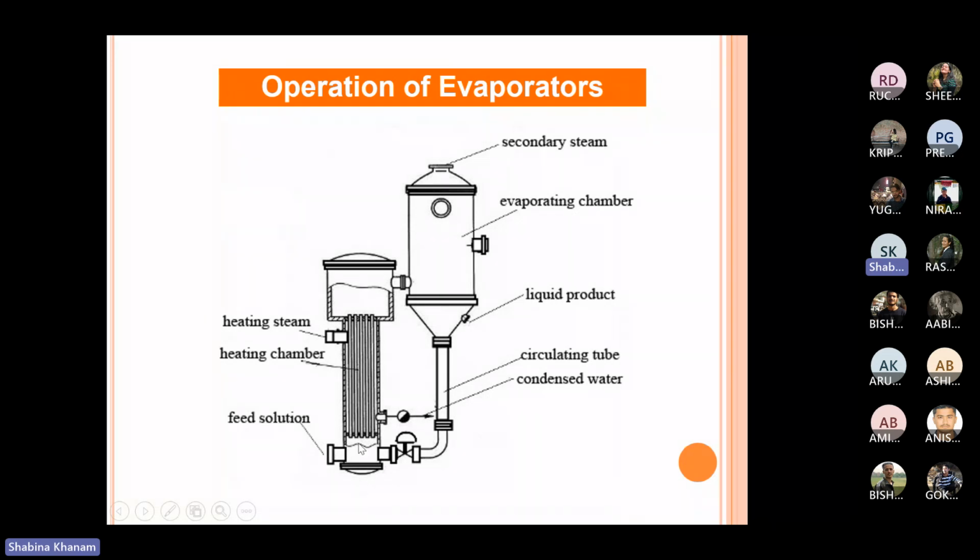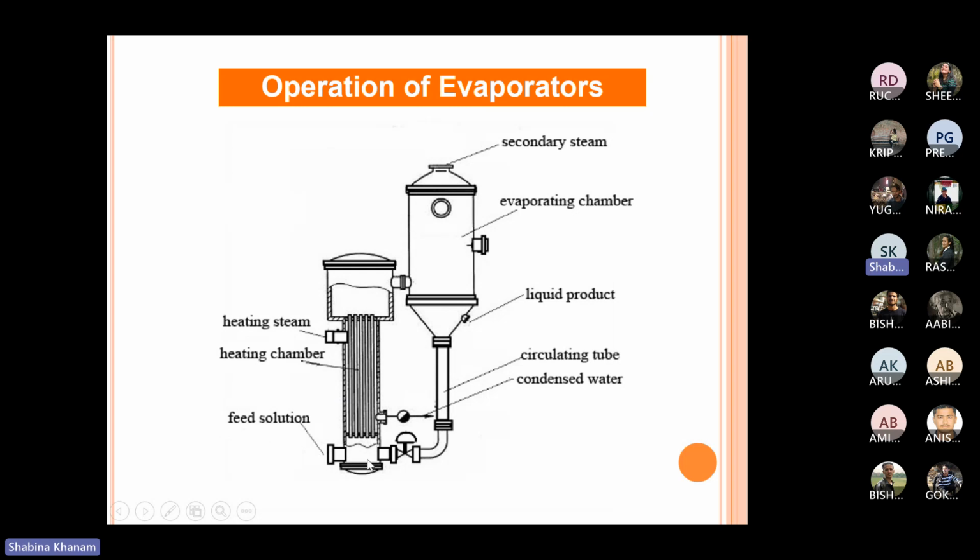When we consider evaporation, it usually occurs in this heat exchanger. The heating media, in most cases, is steam. It enters from here, exits from here, and that is on the shell side, not the tube side. This is a shell and tube heat exchanger.